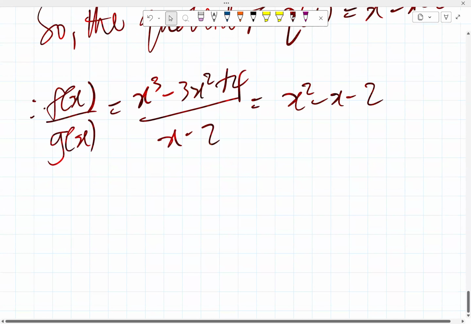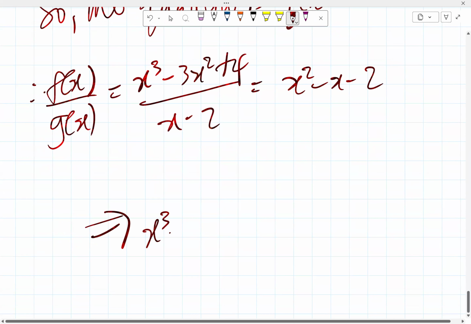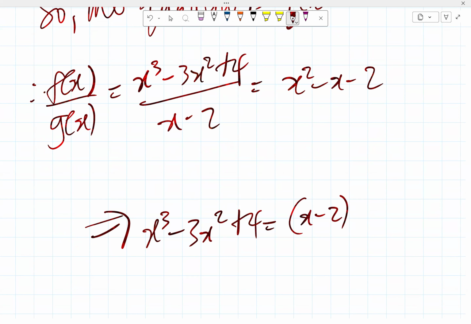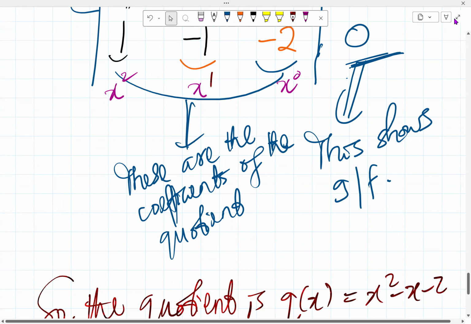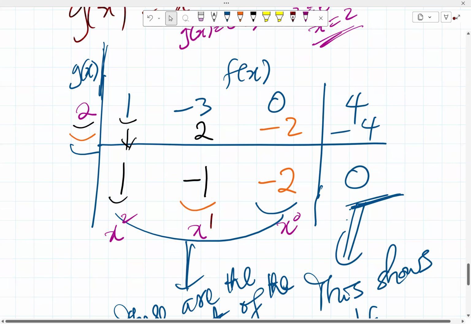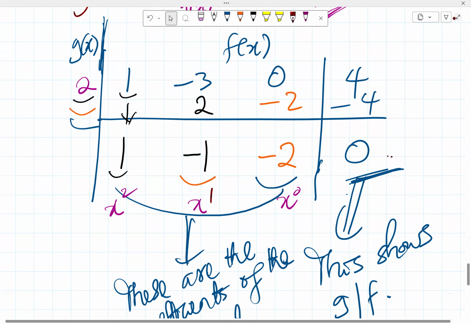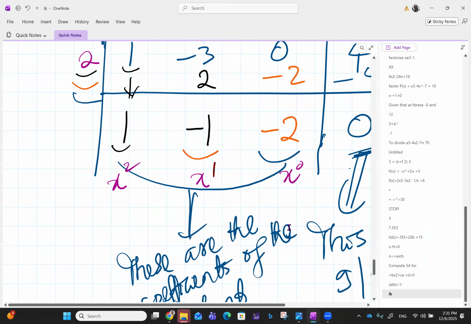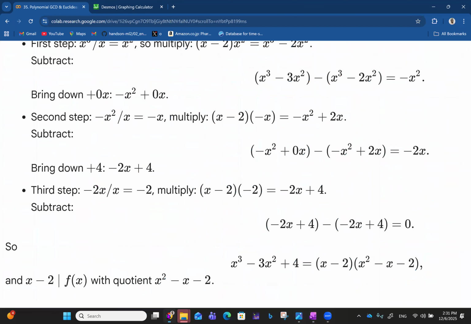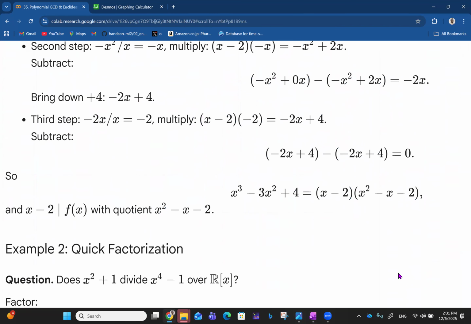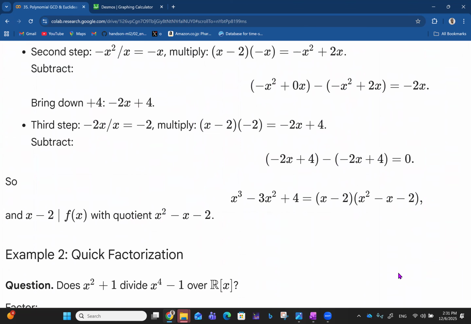So that implies that x cubed minus 3x squared plus 4 is equal to x minus 2 into x squared minus x minus 2. So because this is also quadratic, we can factorize further. But all we need to know is that the remainder is 0. And from synthetic division, the fact that the last value here is 0 means that G actually divides F and there's no remainder. And that's all we just want to know, is that G actually divides F, and that has been established. And the quotient is x squared minus x minus 2, like we found.